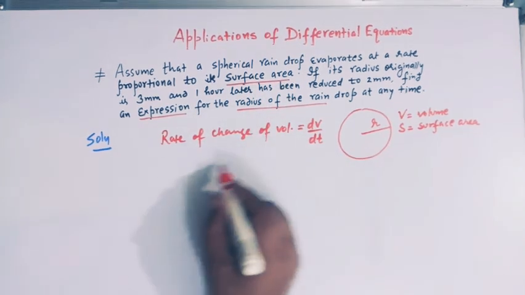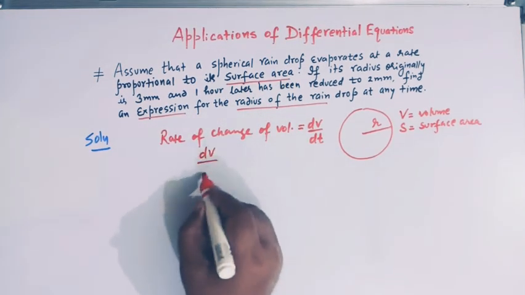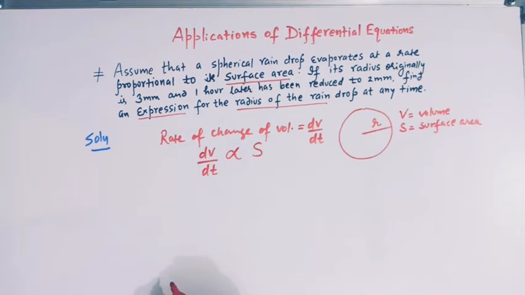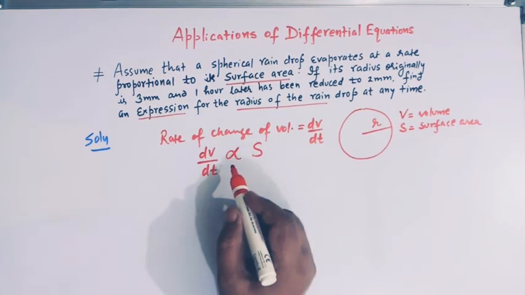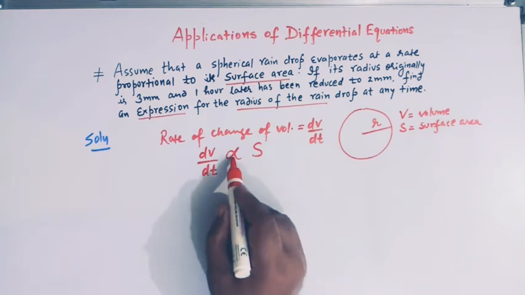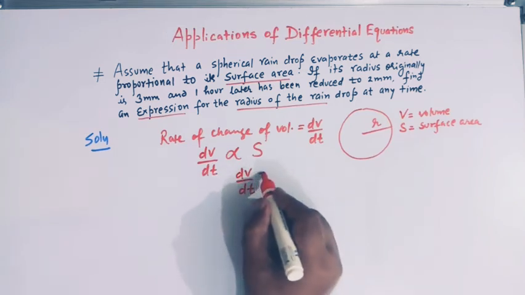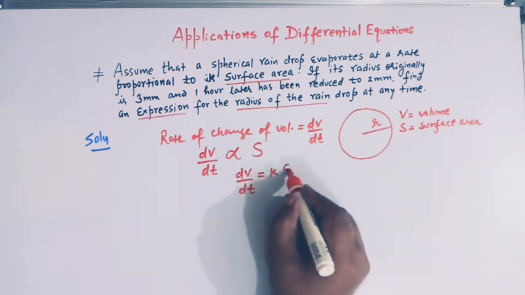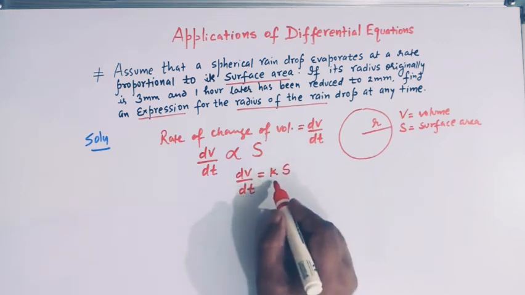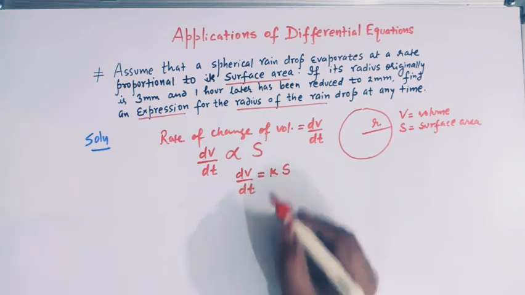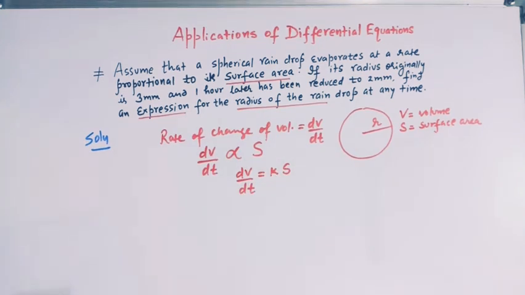If we remove the proportionality sign, we introduce a constant k. So dv over dt is equal to ks, where k is the proportionality constant.